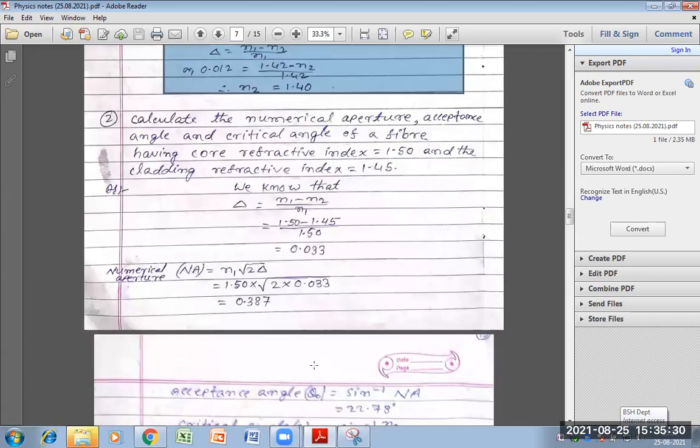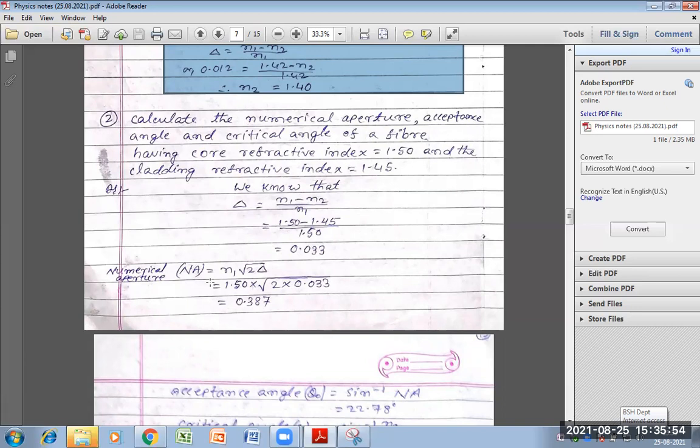Now another question: calculate the numerical aperture, acceptance angle, and critical angle of a fiber having a core refractive index equal to 1.50 and a cladding refractive index equal to 1.45.